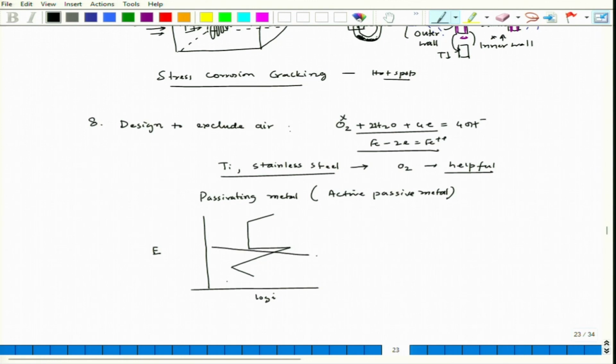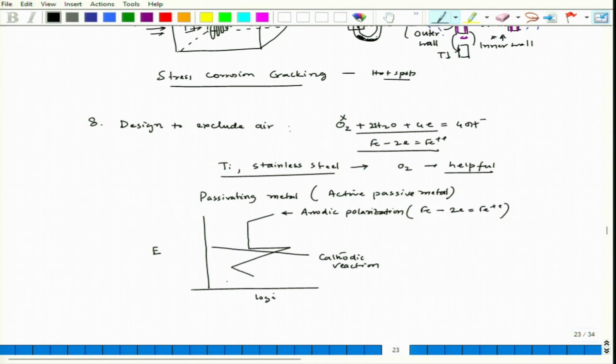Fine. This is the cathodic reaction, and this basically comes from anodic polarization of the metal, let us say stainless steel, iron or chromium mainly. If we consider iron, Fe minus 2e equals Fe2+, iron can also show active-passive behavior.